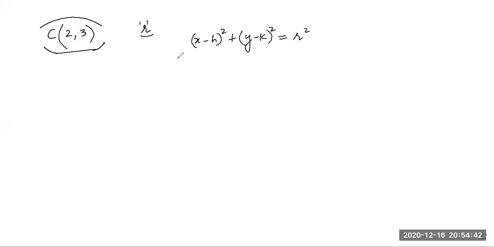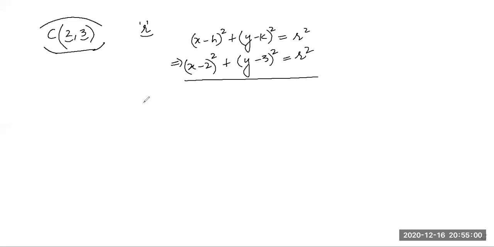So the equation will be, h is 2 and k is 3. So it will be x minus 2 whole square plus, come on Ishma, complete it. y minus 3 whole square would be equal to r square. All right, this is the equation of the circle.